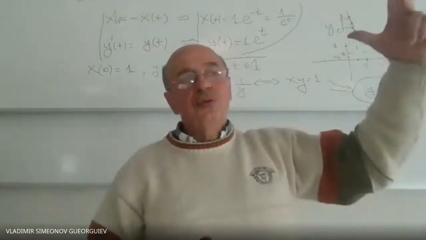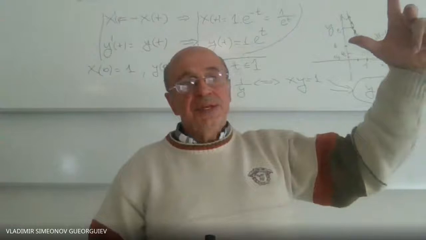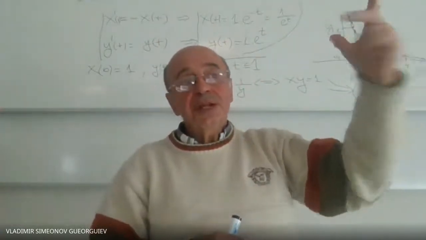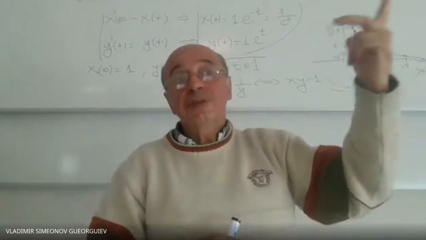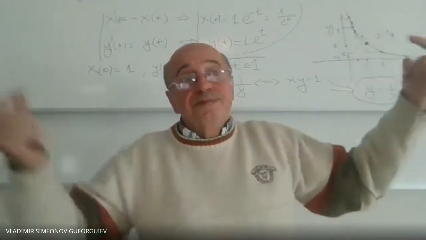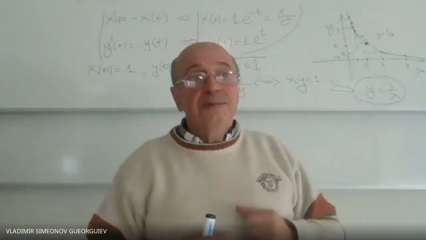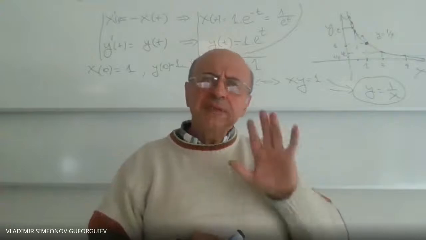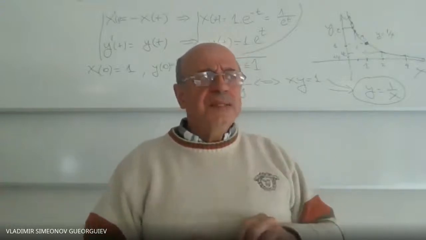Otherwise, again, we can build, let's say, the time up. But when you have a system 3 by 3, can you imagine 4-dimensional space? We are living in 3D. Therefore, it's a little bit complicated. That's why the dimension is somehow hidden.